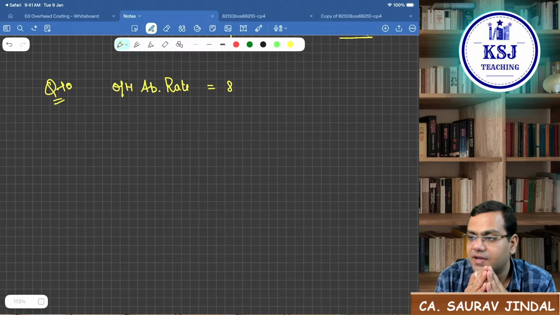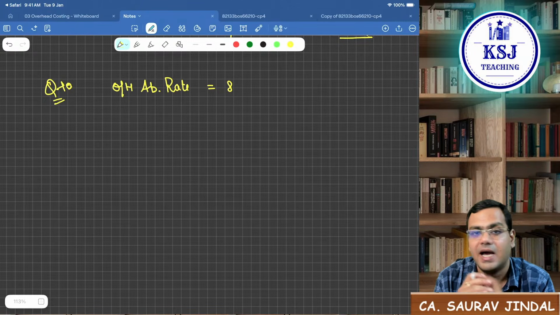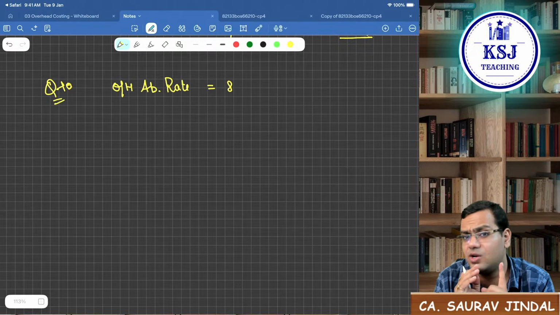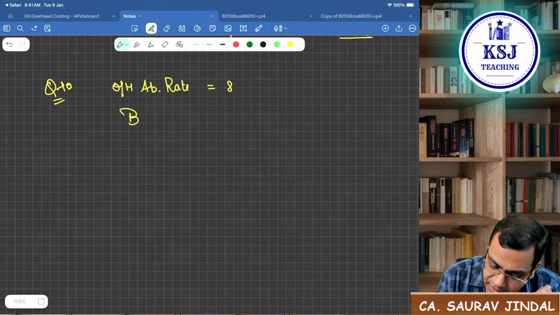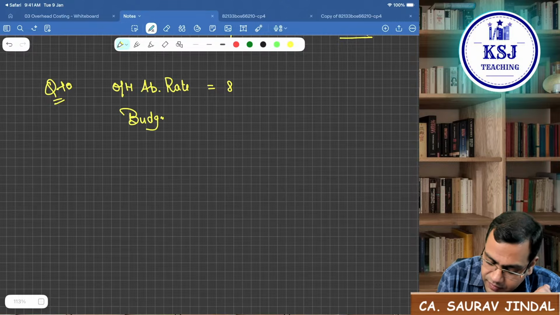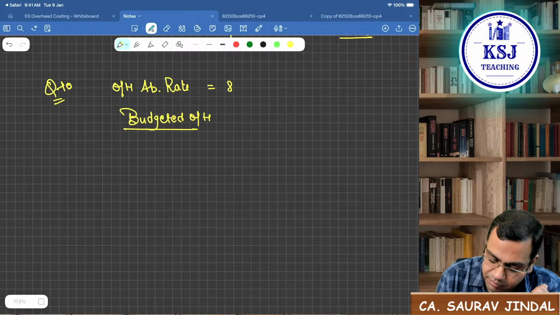How you would have calculated this 8 rupees of absorption rate? Listen to it very carefully what I'm saying. Sir, you would have written budgeted overheads divided by budgeted labor hours.